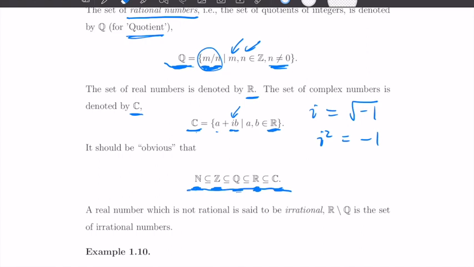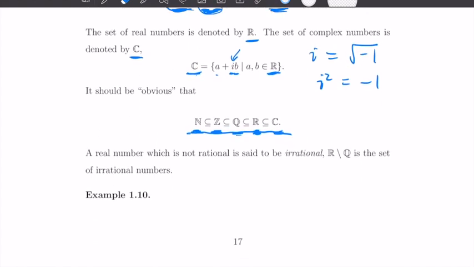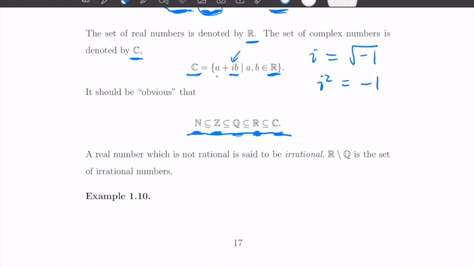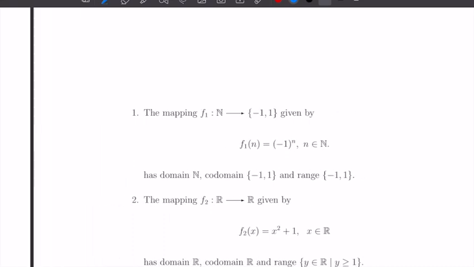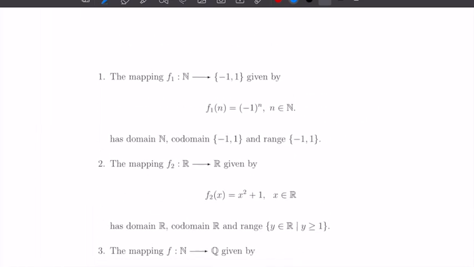And additionally, a real number that is not rational is said to be irrational. So real numbers minus rational numbers is the set of irrational numbers. So these are just conventions.